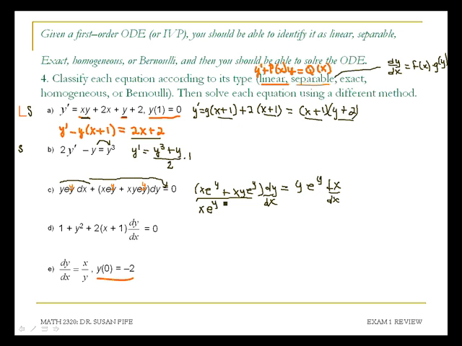I'm going to factor that out, and that'll leave me with a 1 plus y. So that's what I'm dividing by here. x e to the y times 1 plus y.